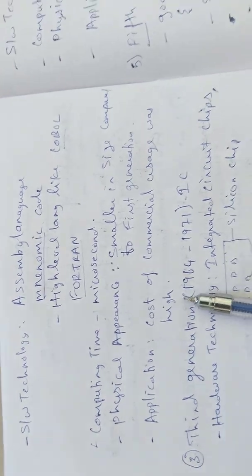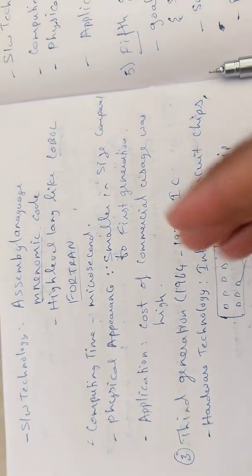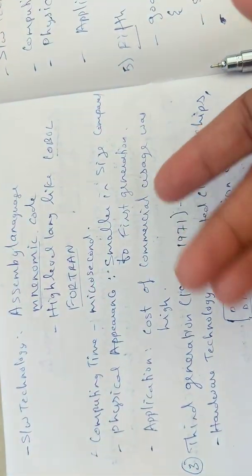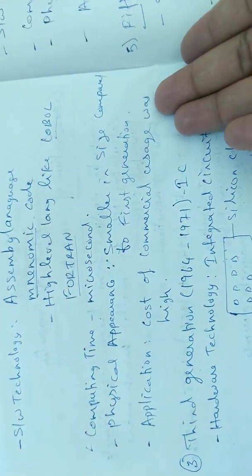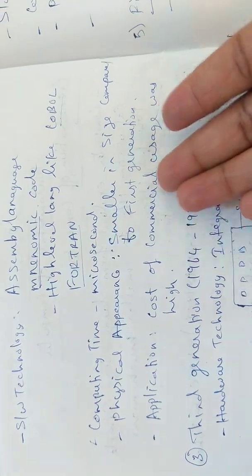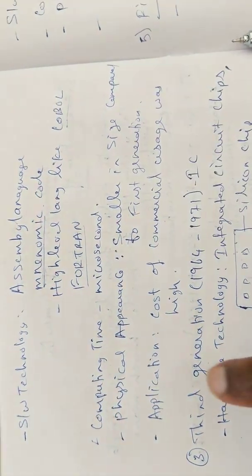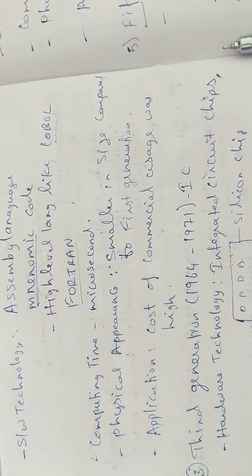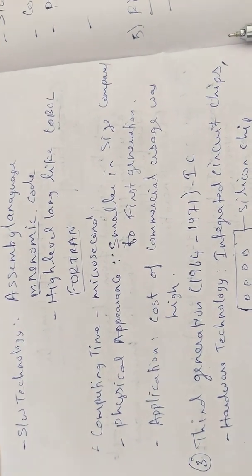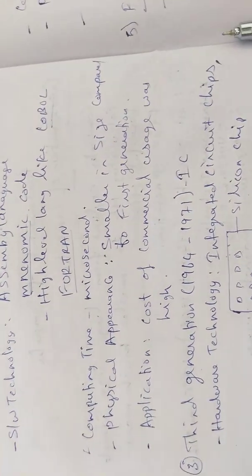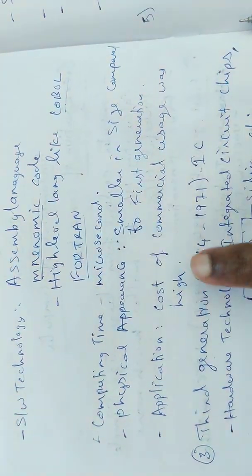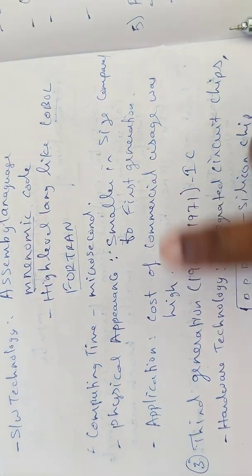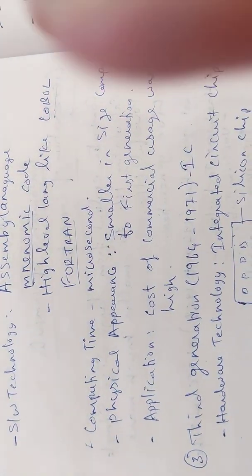Commercial, in the sense of office purposes and marketing purposes, was not affordable because the cost was high. So it has not come into the market for commercial purposes. Application wise, they were using it for scientific purposes and certain big researchers used it, because of the cost. Even though size has reduced, because of the cost it has not come into commercial use. Applications were meant only for those things.